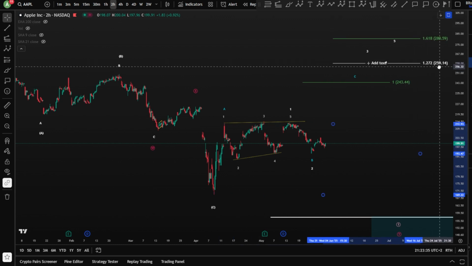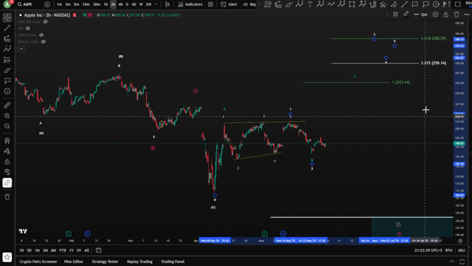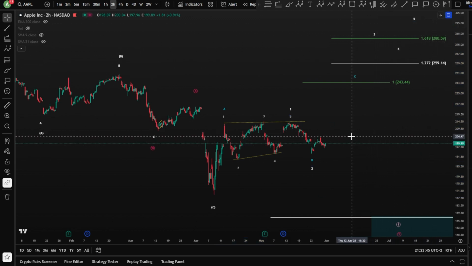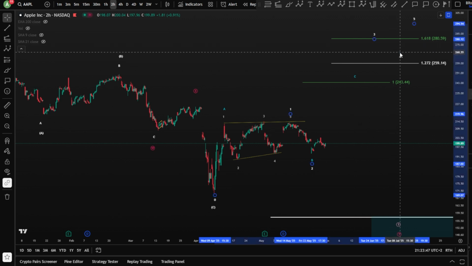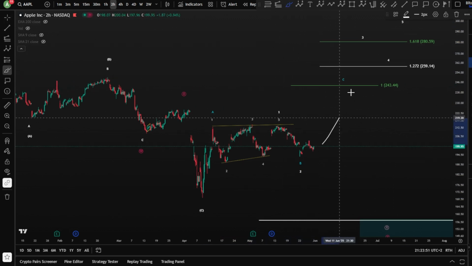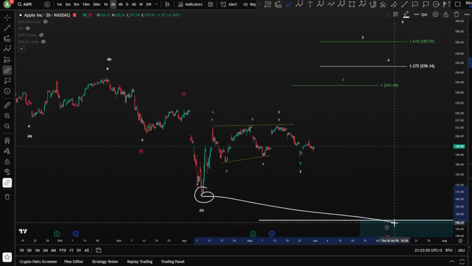Here we go, those are your targets for wave 3. Much more common is $280 for wave 3, and it is a very nice psychological number as well. Therefore, you would like to see a wave 4, 5 continuation for higher, while the wave C can bring us to a new bearish scenario, taking the low again.